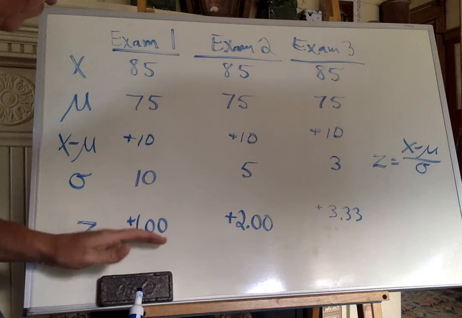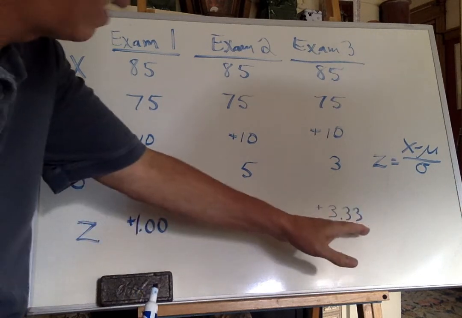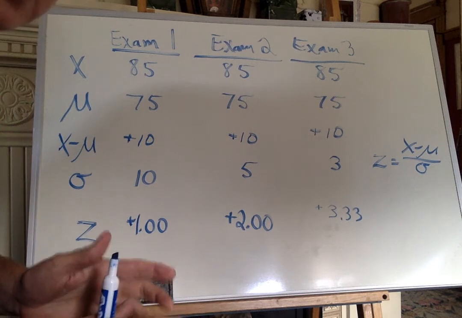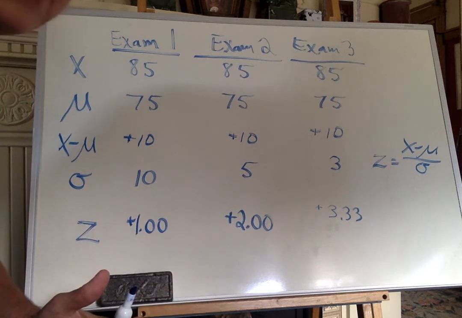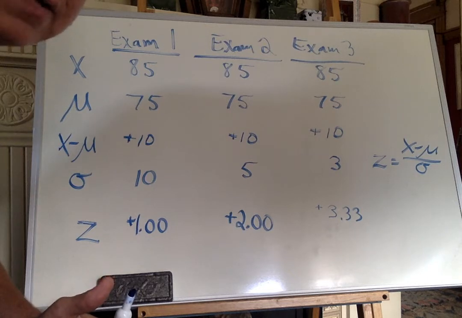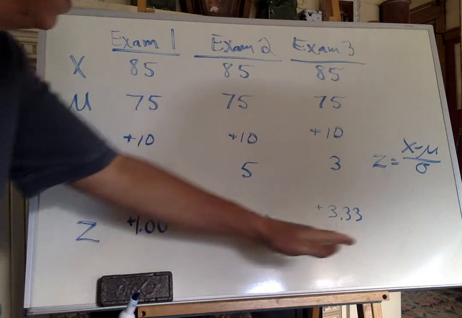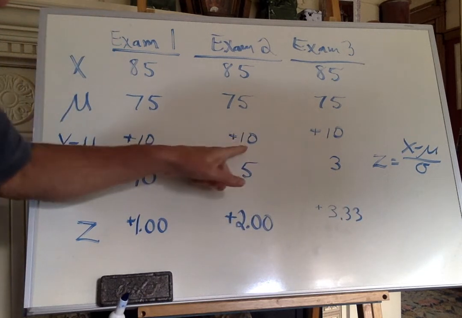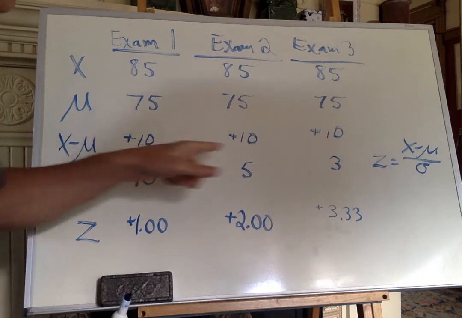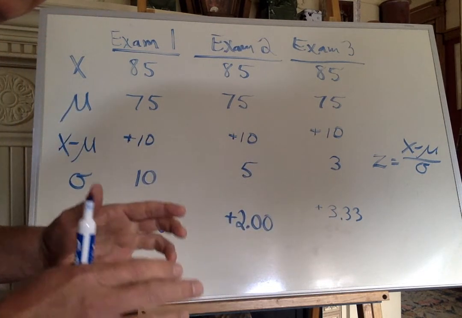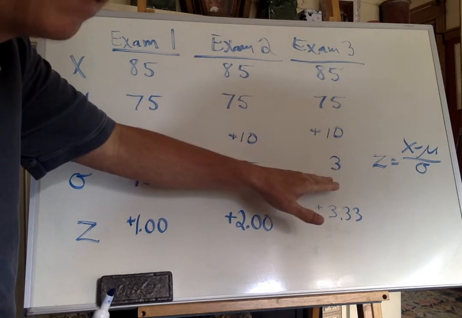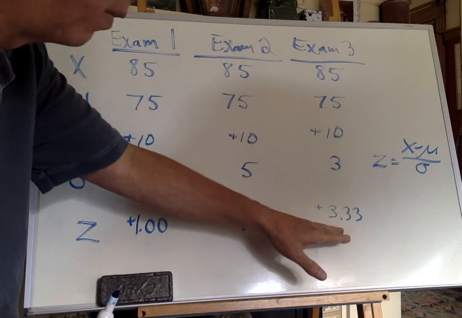Okay? These numbers capture where you're at in a distribution in terms of how far away from the mean you are in standard deviations. Okay? Much more impressive, much more deviant, even though it's the same number of points. If I compare this 10 points to an average deviation of 3, wow, you're really out there.